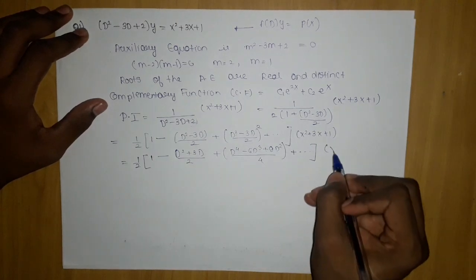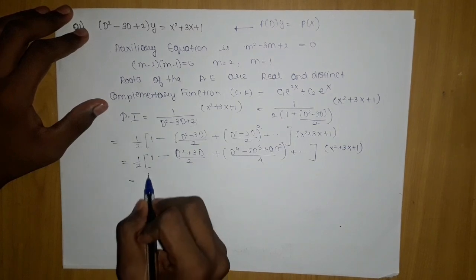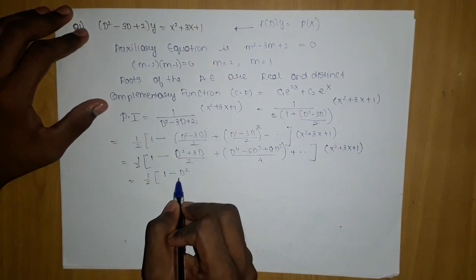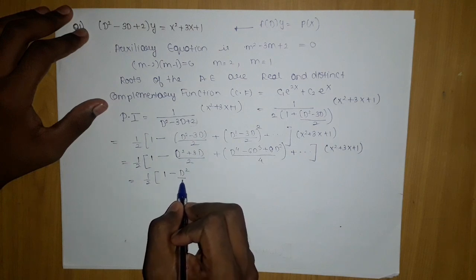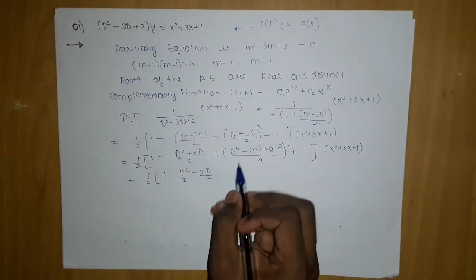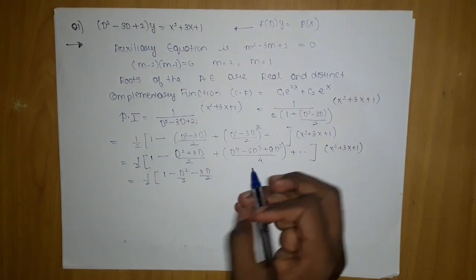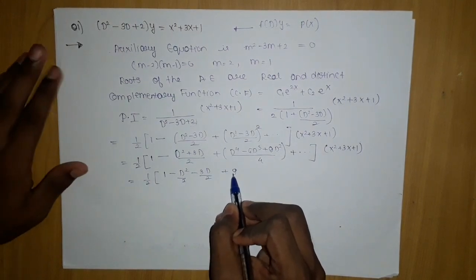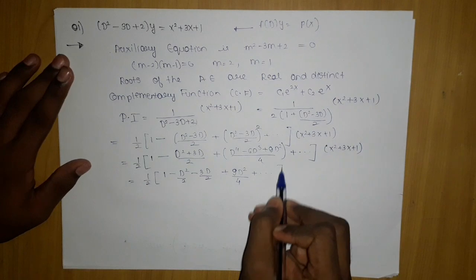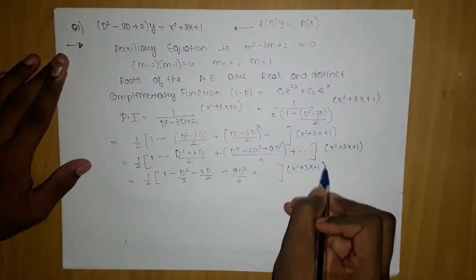And after this x square plus 3x plus 1, 1 by 2, 1 minus D square by 2 minus 3D by 2. Here we are not going to take these two terms, we are going to take only this term. So if we take this, 9D square by 4 and so on, x square plus 3x plus 1.